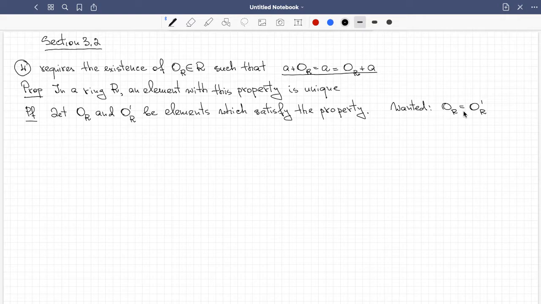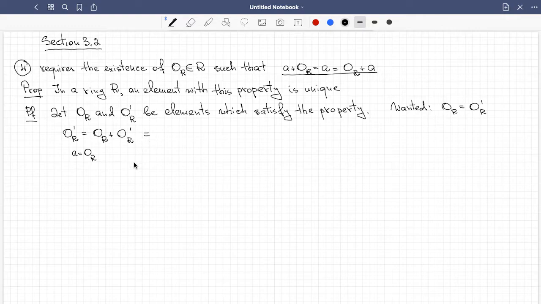So we write that 0'_R is equal to 0_R plus 0'_R. That is because 0_R satisfies that property. For this equality, we took A to be 0'_R.